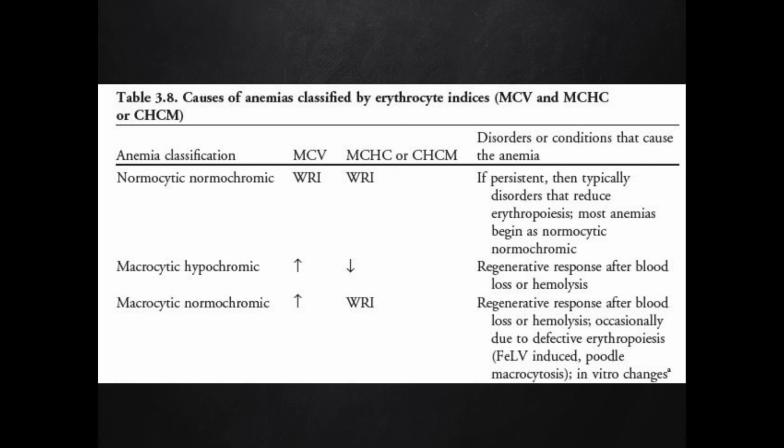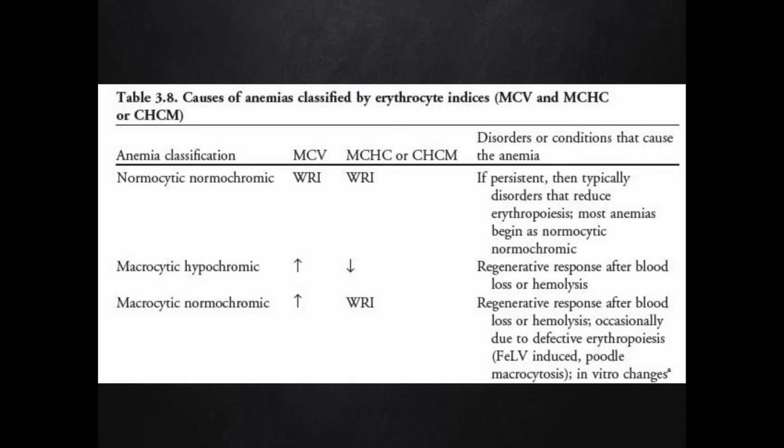If persistent, typically a disorder that reduces erythropoiesis may be happening. But most anemias begin as normocytic, normochromic. In most instances, anemia will begin in a normal stage, normocytic and normochromic.